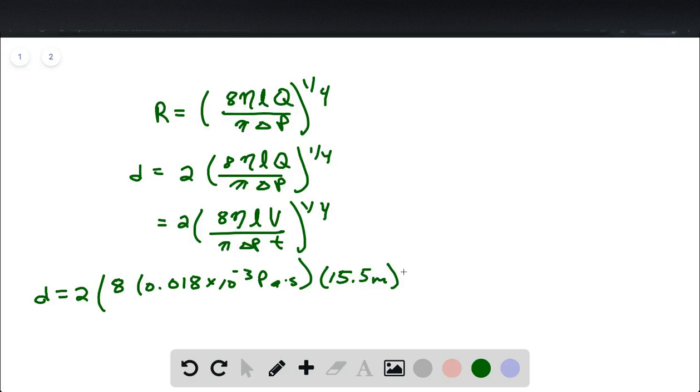Because remember, a Pascal is a Newton per meter squared, so that's already an SI unit. And this volume is meters cubed.